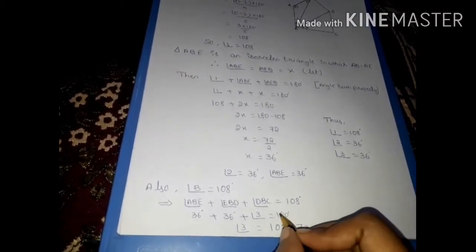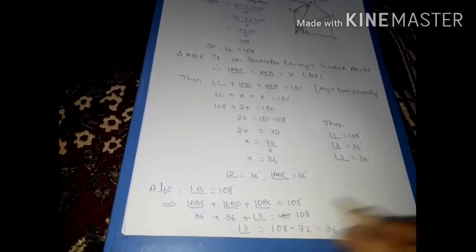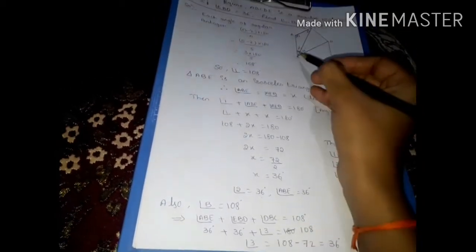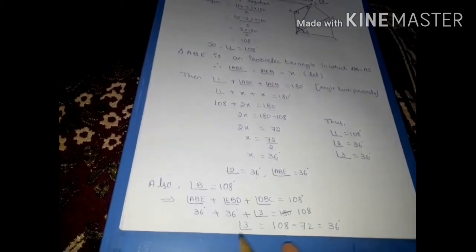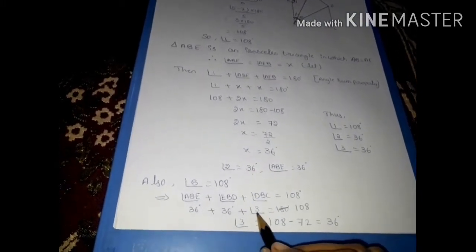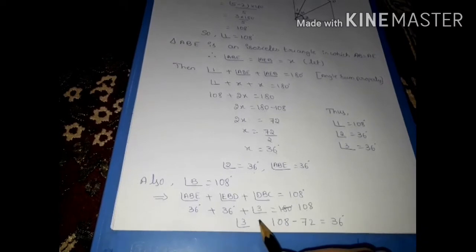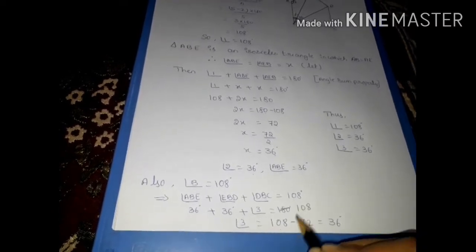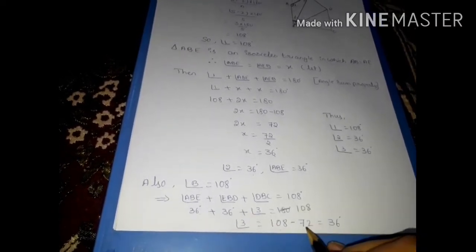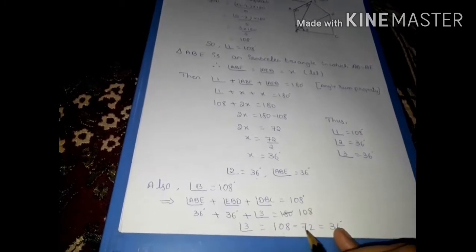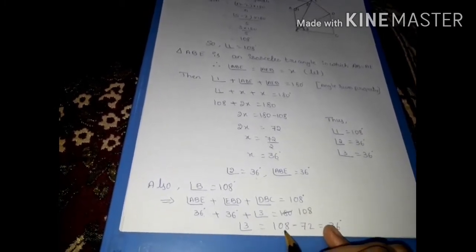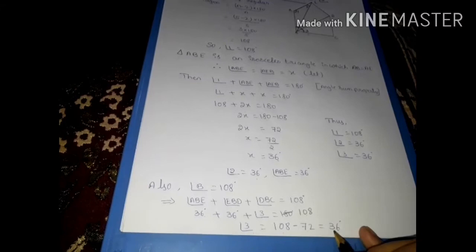Sorry, it is not 180, it is 108 degrees, because each angle in a pentagon is equal to 108 degrees. Here we have to find only angle 3. Angle 3 is equal to 108, write as it is, minus 36 plus 36, 72 degrees. Take to the RHS side, minus 72. 108 minus 72 will get 36 degrees.